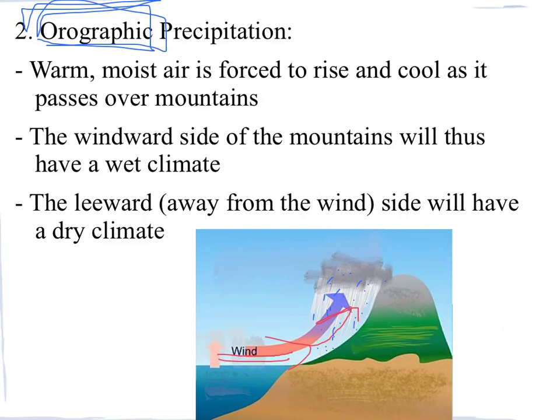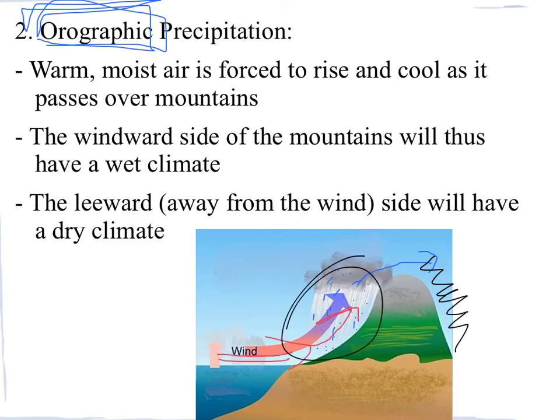But once the air keeps on going, maybe over the mountains, now it's dry. So once air gets into this area over here, there's nothing for it to drop in terms of rain, because it dropped it all over on this side of the mountain.